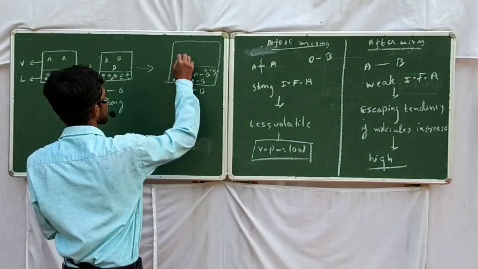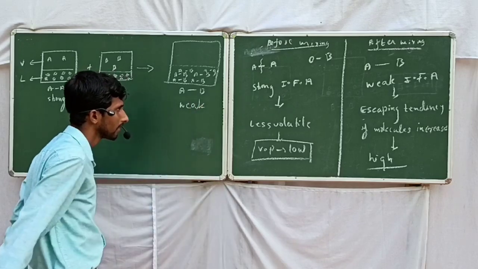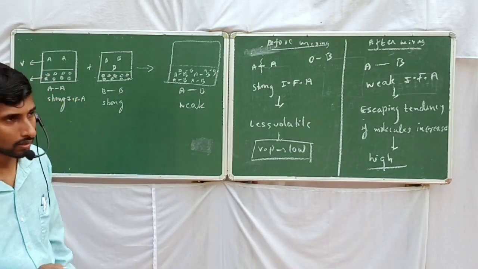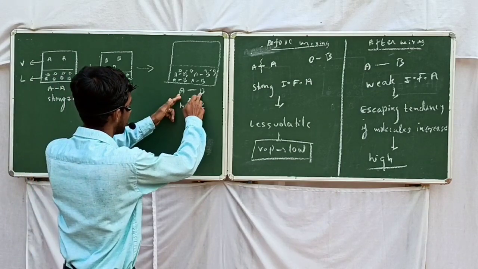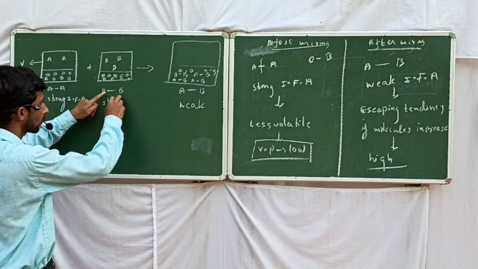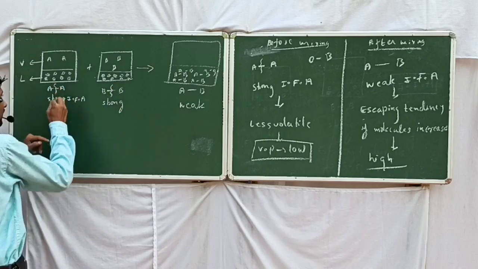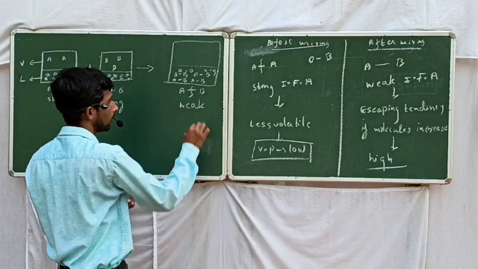So here the force of attraction between A and B is very weak compared to the initial case. Initially, A and A strong, B and B strong, it is very difficult to break these interactions. But in this case, AB interaction is very weak.